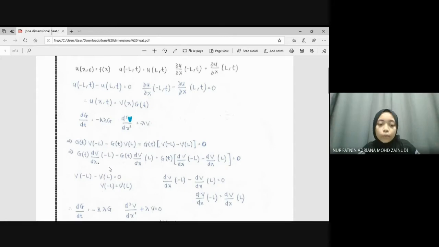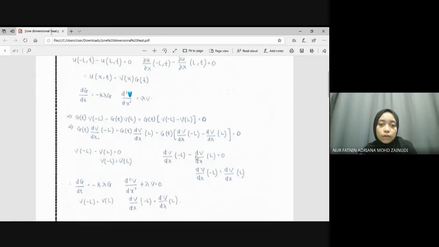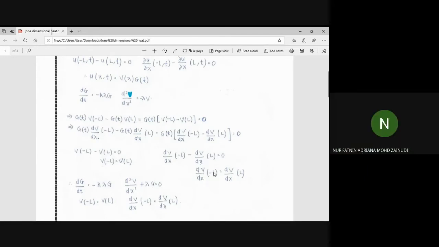And we get a non-trivial solution if we do it like this. V(-L) minus V(L) is equal to 0, so V(-L) is equal to V(L). And dV over dx(-L) minus dV over dx(L) is equal to 0, so dV over dx(-L) is equal to dV over dx(L).